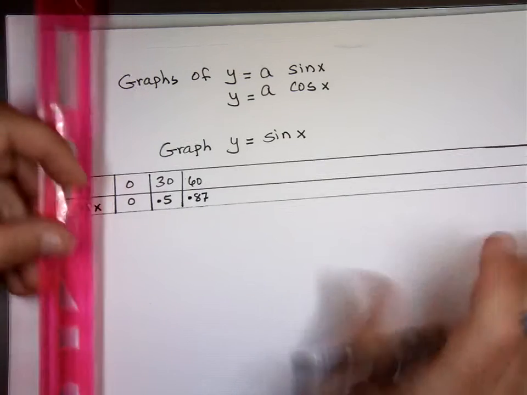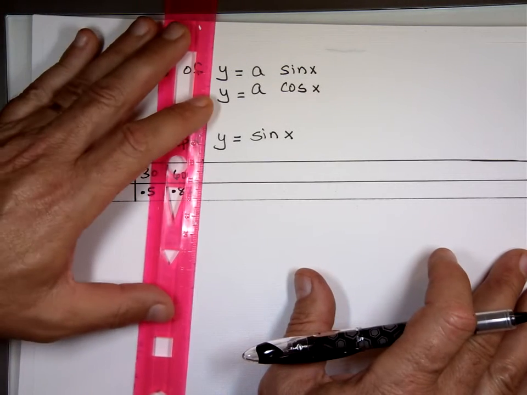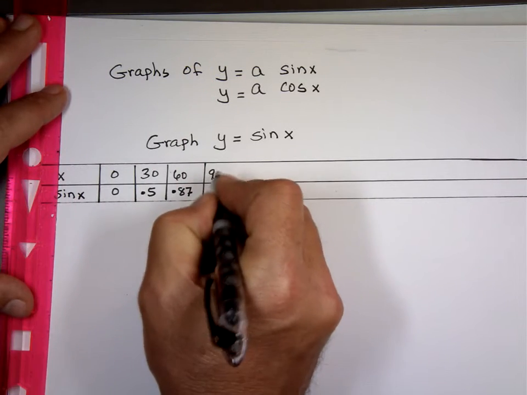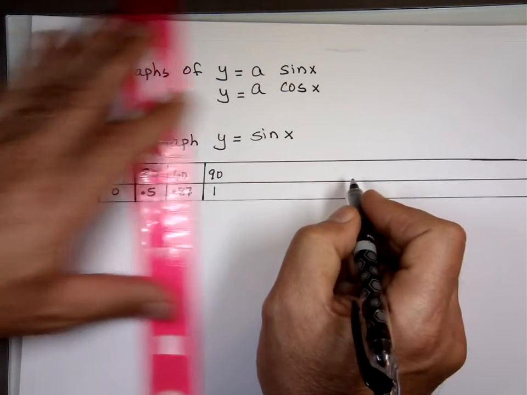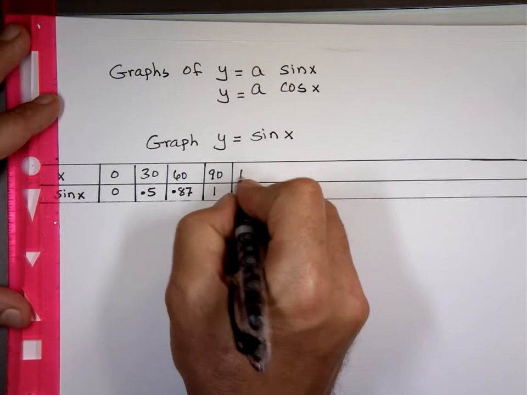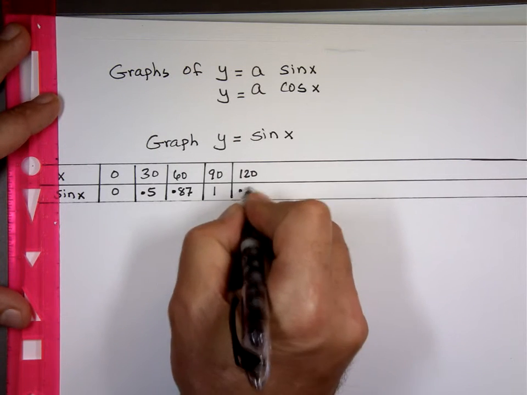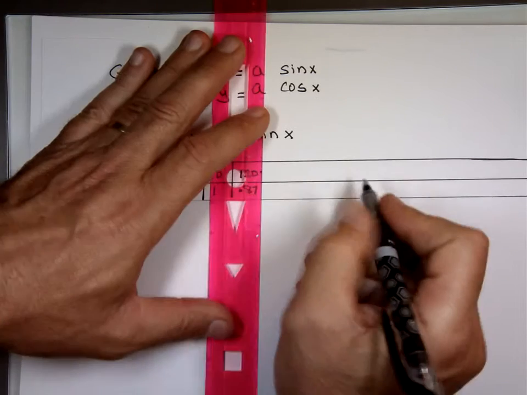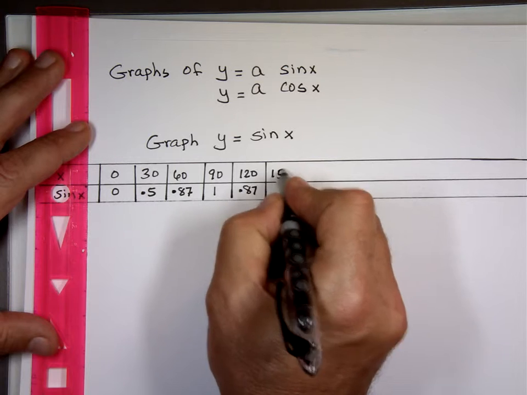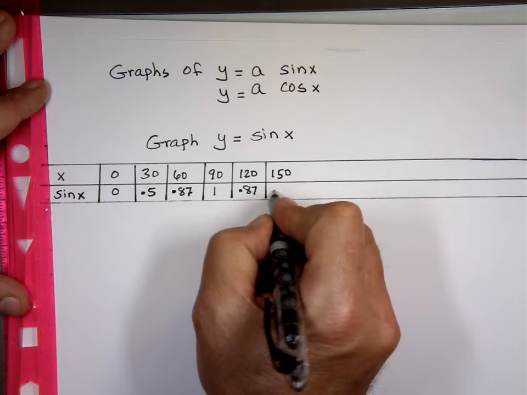Yep, I just rounded to 0.87. 90 degrees, the sine is 1. I'm going by 30 degrees. 120, the sine is 0.87. It's 0.866 rounded to 0.87. 150, that's 0.5 again.